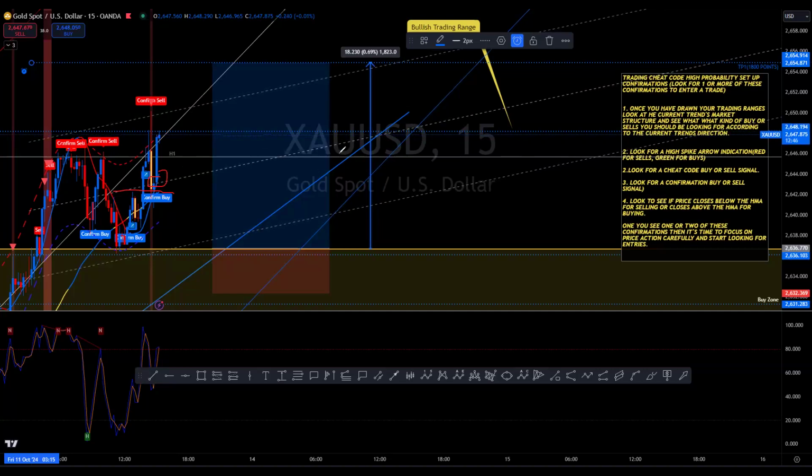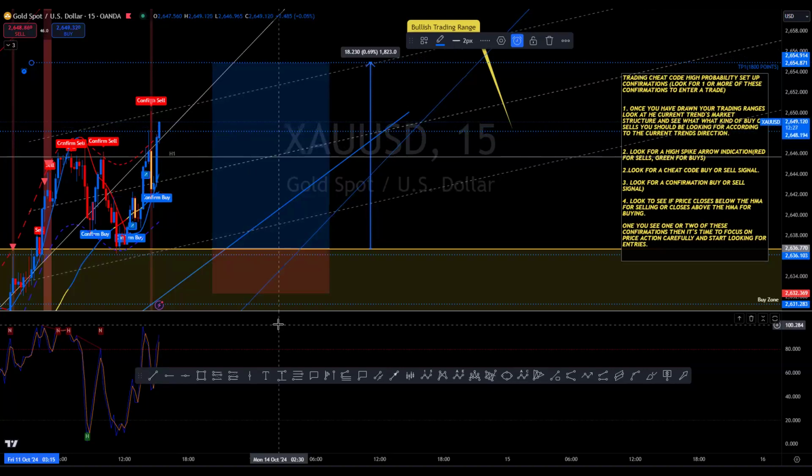Well, we got one confirmation. Actually two, because it's closing above the HMA, but it's also sticking out of the Bollinger Band. So this might be a good confirmation, it might not, but I'm going to wait a little bit. The price is pushing up really hard, so this might be a good entry. So maybe.